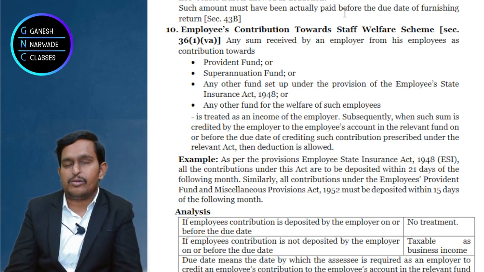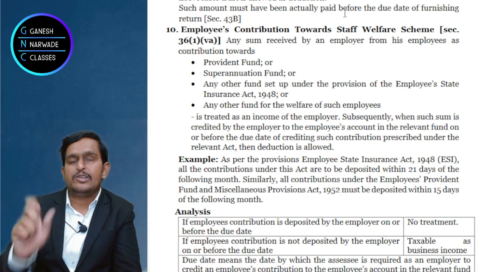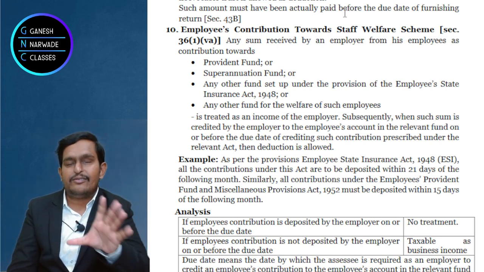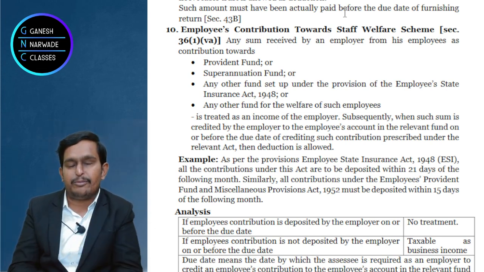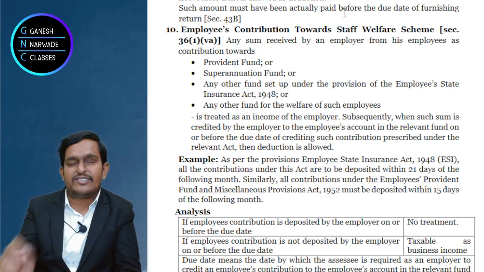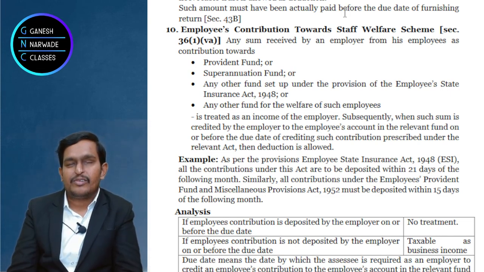Like that it continues. Same way with Provident Fund, they say 15th of the next month. That means January's contribution till 15th of February, February contribution 15th of March. So Provident Fund 15th of the next month, ESI 21st of the next month.